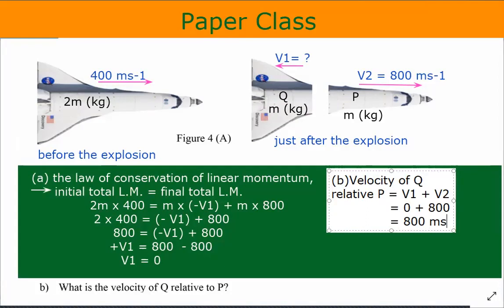See the upside. Actually, who is moving, Lamai? P. Actually, P is moving, sir. Yes, actually P is moving. But if a person is on the piece P, he will say, I am not moving. Q is moving with a velocity of 800. You see the beauty?